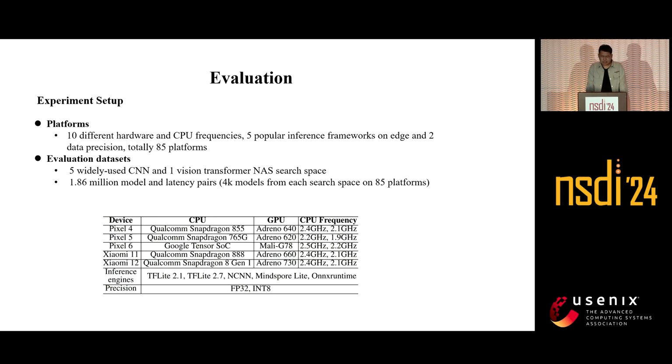We conduct our experiments on platforms with different hardware, CPU frequency, inference framework and data processing, totaling 85 platforms. We use sampled models from 5 widely used CNN and 1 transformer NAS search space, more than 1 million model and latency pairs, as our datasets.